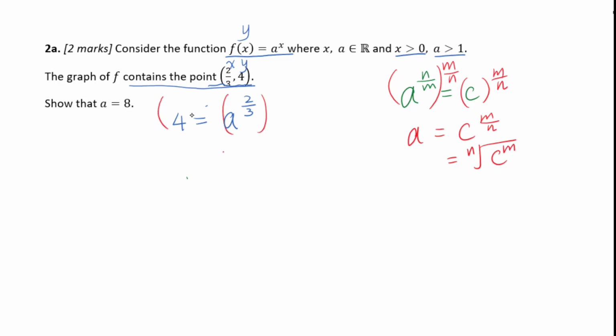So on both sides, we will raise to the 3 over 2 power: 4 to the 3 over 2 power. For this 4, I can write 2 squared, to the 3 over 2 power, equals, reduce, you will get 2 to the third power equals a.